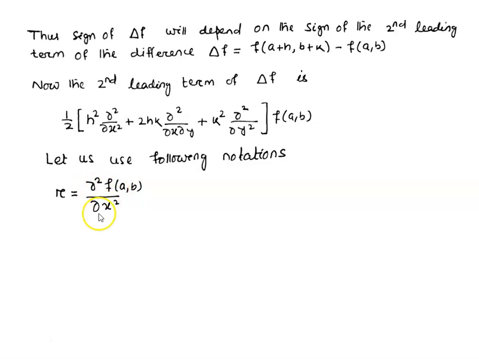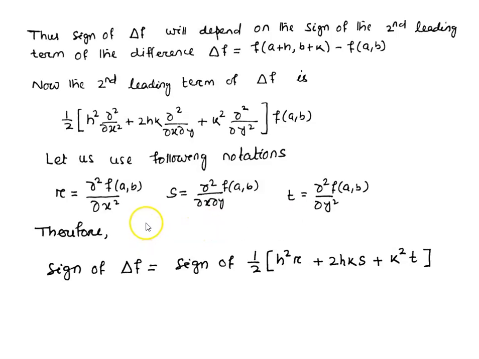That means ∂²f/∂x² at AB is denoted as R. Similarly, ∂²f/∂x∂y at AB is denoted as S, and ∂²f/∂y² at AB is denoted as T. So the second leading term is converted to 1/2 (h²R + 2hkS + k²T). Now the sign of this difference Δf will depend upon the sign of this second leading term.